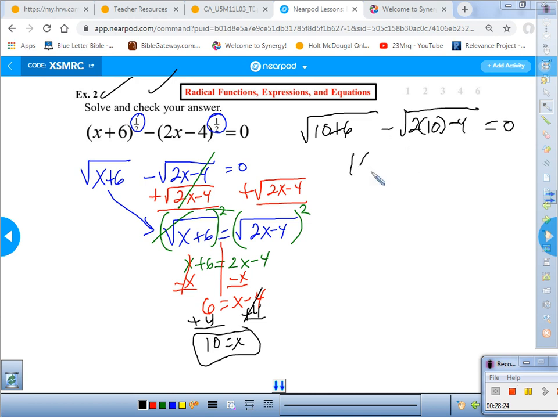So this is the square root of 16 minus, this is 20 minus 4, the square root of 16, equal to 0. So what is this, a 0 pair? Is 0 equal to 0? Yeah, check. And that's how you check. Piece of cake? Yes? All right.